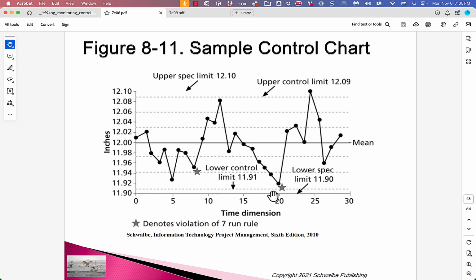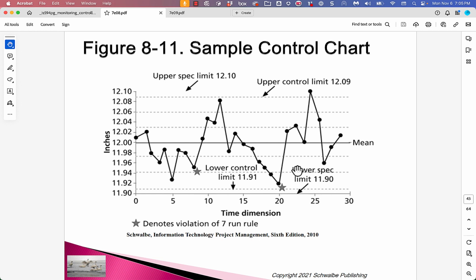Okay, so again, these look like they're not random. Like this one here. This one isn't beyond the limit, but if we were beyond the limit, then that would be large. Okay, and this behavior here is not random.